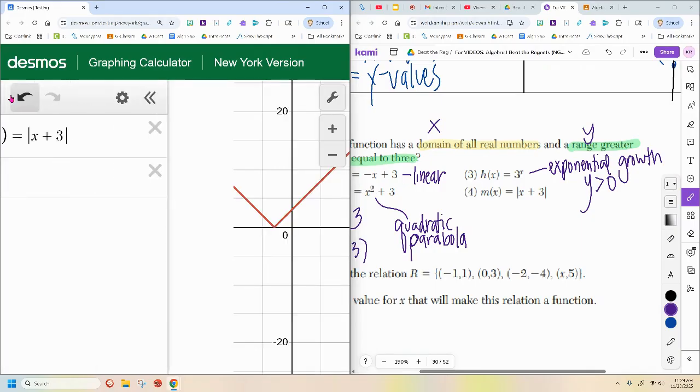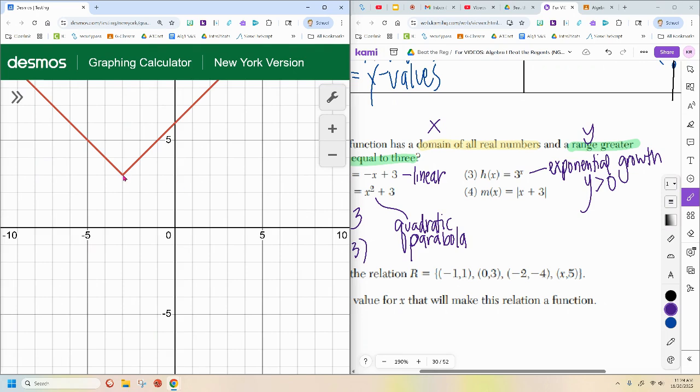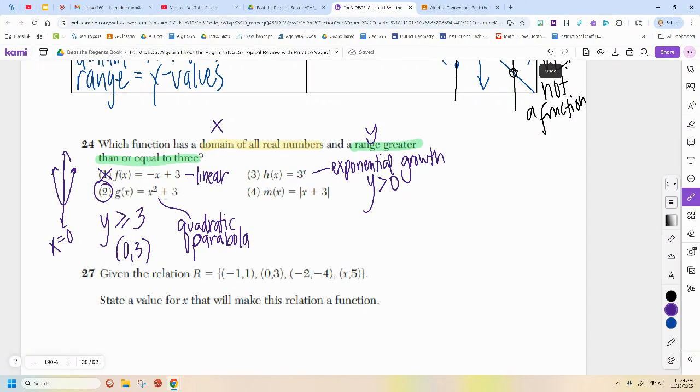If I go back to this and put a plus 3 on the outside, that's when it's going to move the graph up. So if we go back and look at our question more closely, do you see how it says x squared and then take that x squared and move it up 3? That's how we get that range greater than or equal to 3.